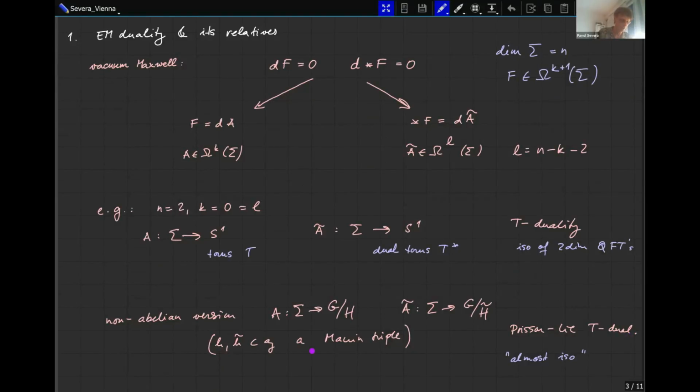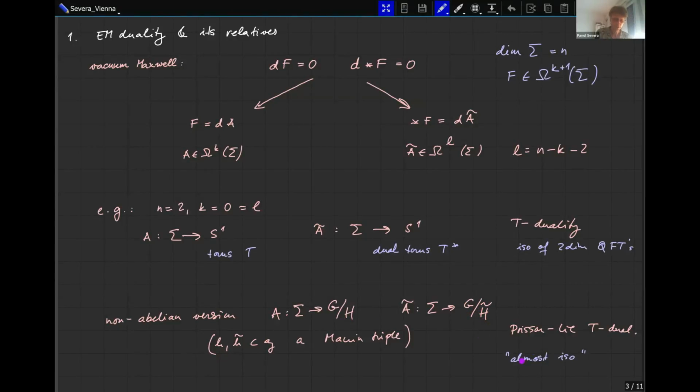What's happening there is that now we start with a Manin triple. So there's some G with an invariant pairing, and inside we have two Lagrangian Lie subalgebras, H and H tilde. And there's a similar picture of two quantum or possibly just classical field theories. These are two-dimensional sigma models with target spaces equal to G mod H or G mod H tilde.